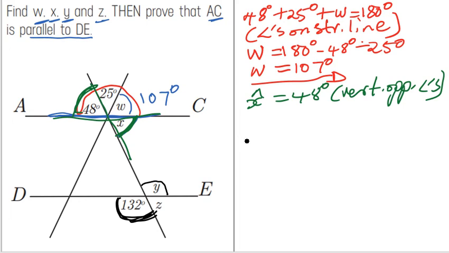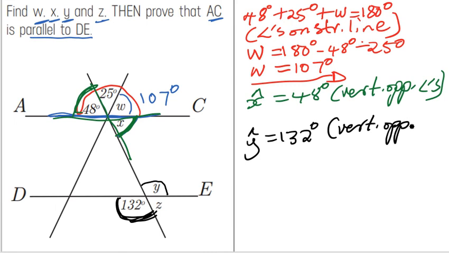So we will say angle Y is equal to 132. The reason will be vertical opposite angles.